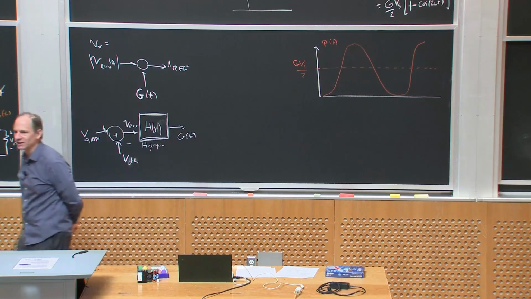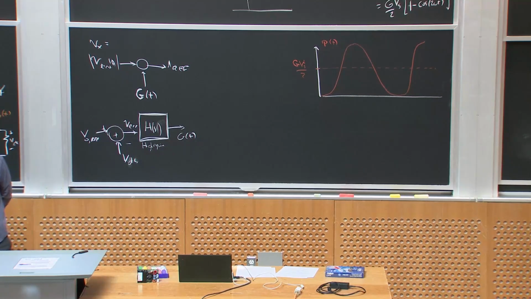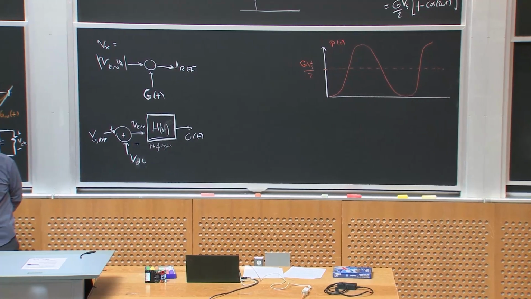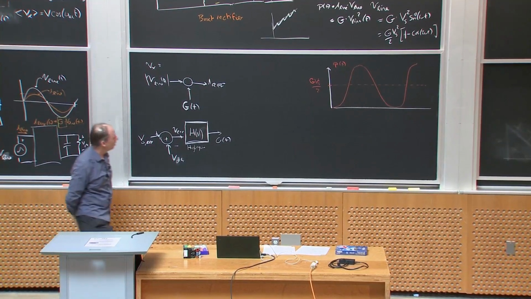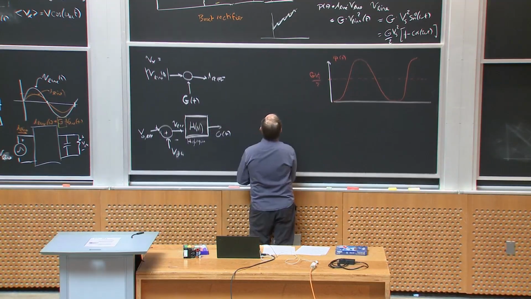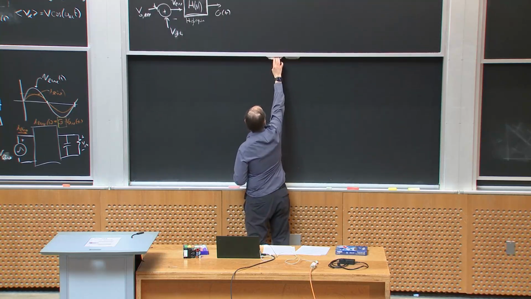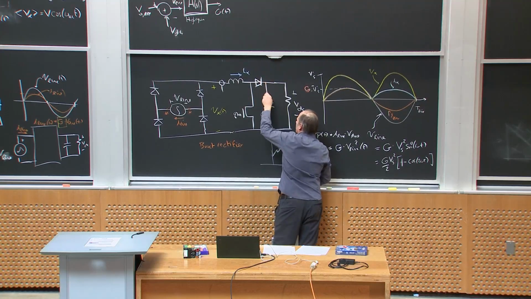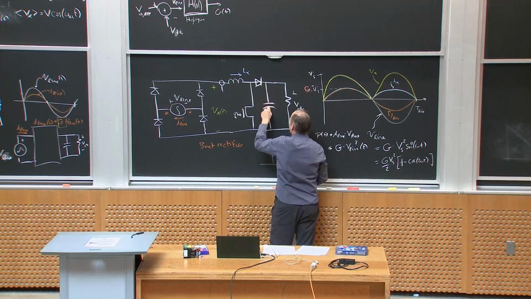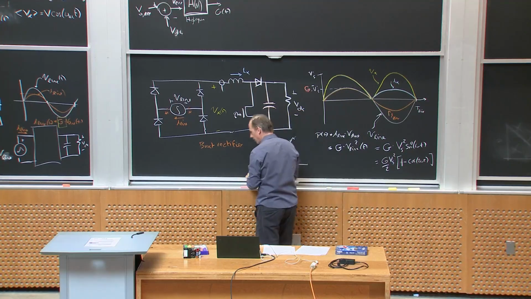It shouldn't vary its output very much over half a line cycle, because if it starts doing that, then the current no longer looks sinusoidal, right? And it can only respond to slow variations, okay? But as we'll see, what that mainly implies is because the bandwidth of this loop is low, this capacitor size here needs to be pretty big, okay, to hold things up, all right?